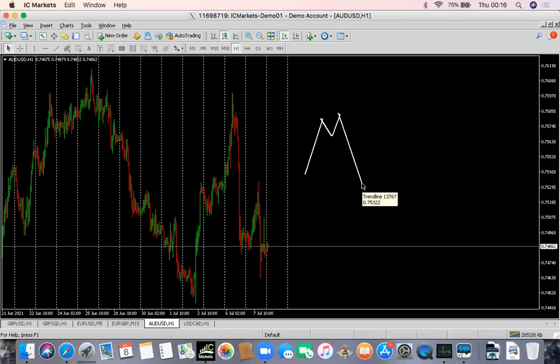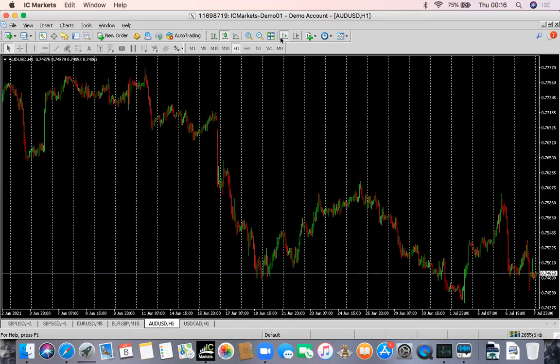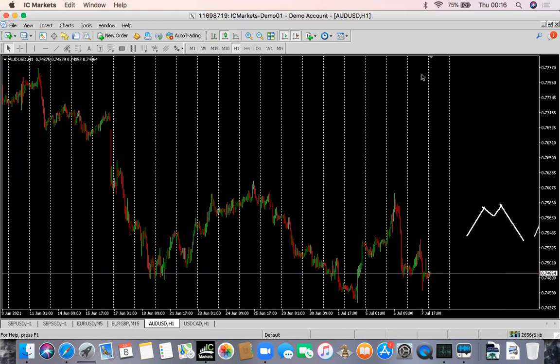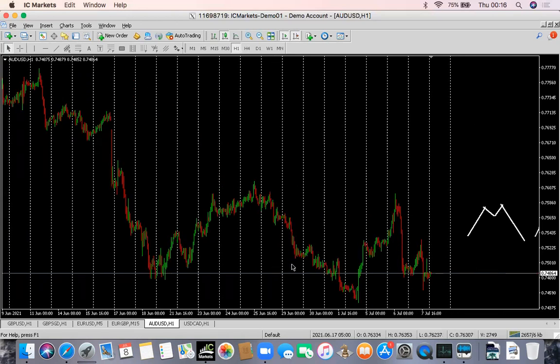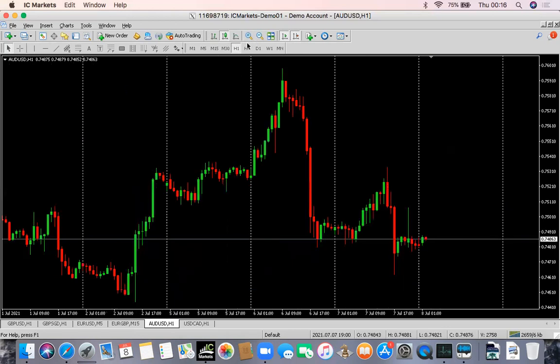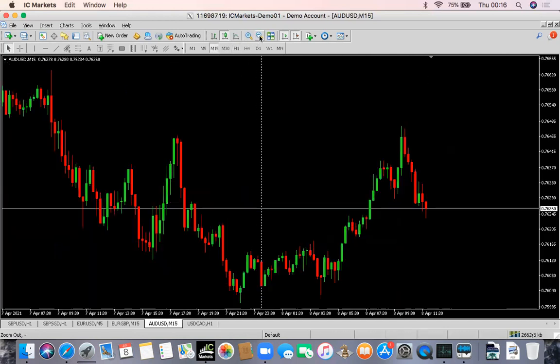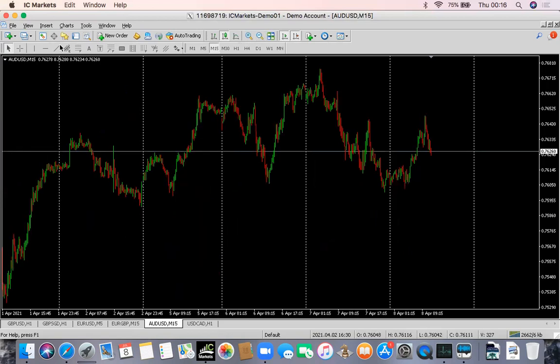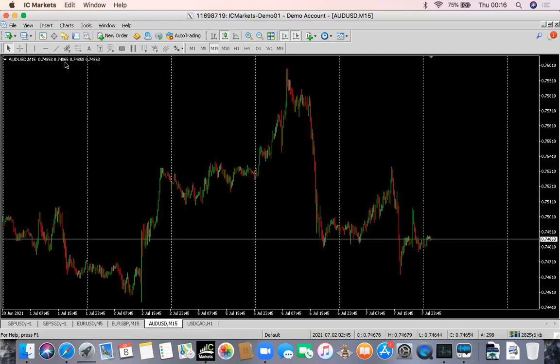So what would the other pair look like? The other pair would look like this. Same pattern. Okay, I have to do this again.